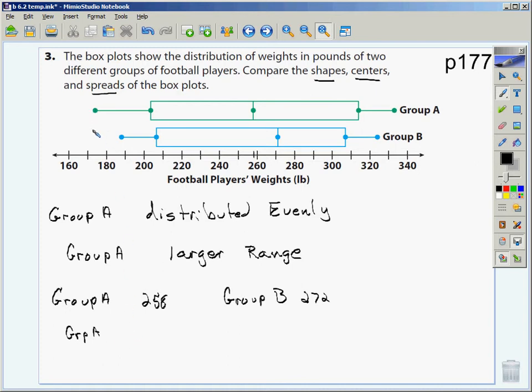Probably 170, 172 all the way to maybe 332. What does Group B go from?